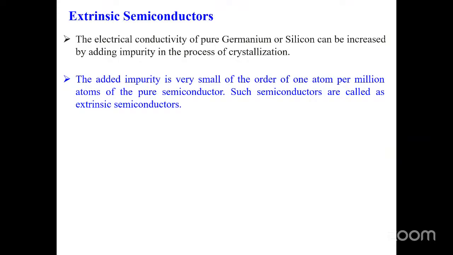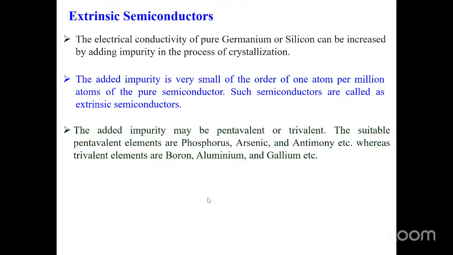Based on the doping, two types of materials are there: one is the P type, another one is the N type material. If you add impurities to the pure semiconducting material, that type of semiconductor is called an extrinsic or impure semiconductor. Here two types of impurities are there: one is trivalent, another one is pentavalent.